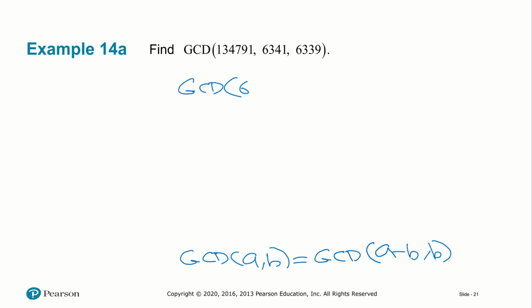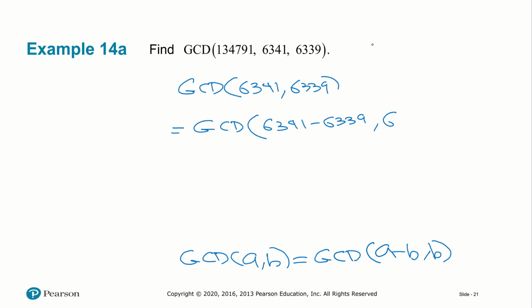So that indicates the GCD of 6341 and 6339 is going to be the same as the GCD of their difference and 6339. Now, that's just 2, right? 6341 minus 6339, 2.